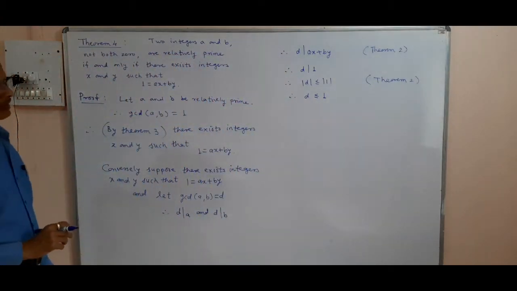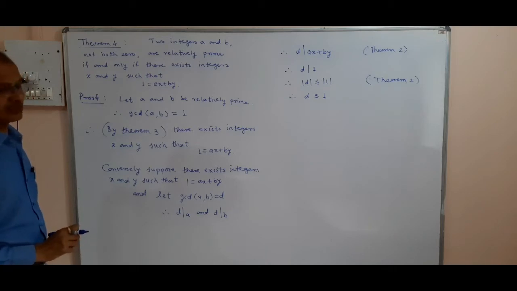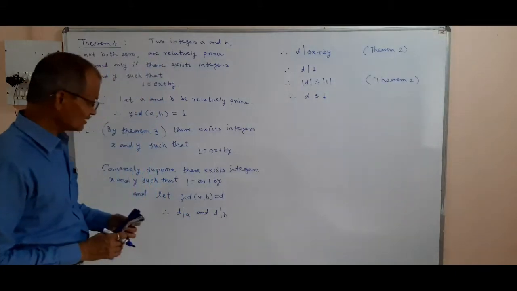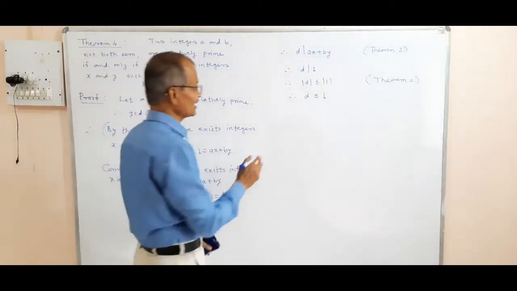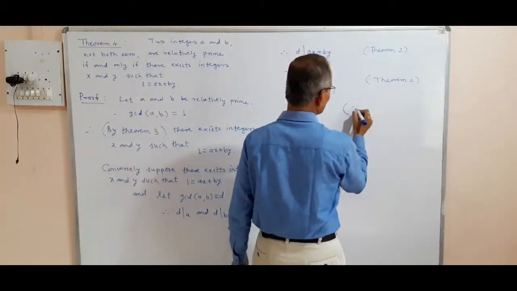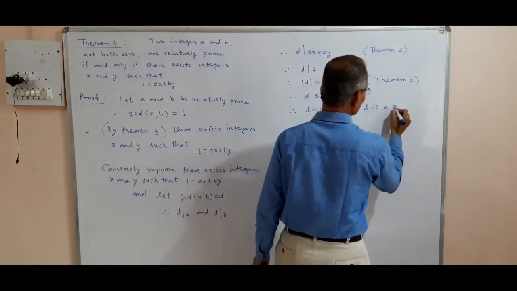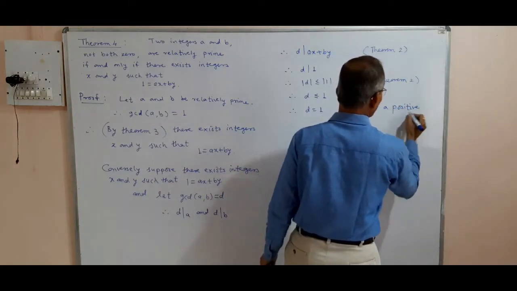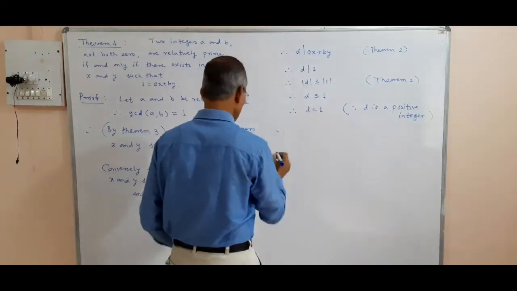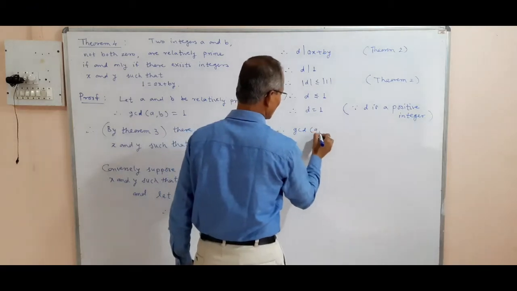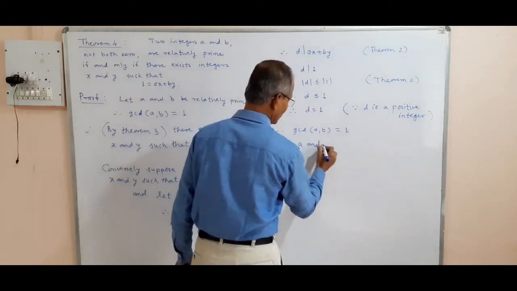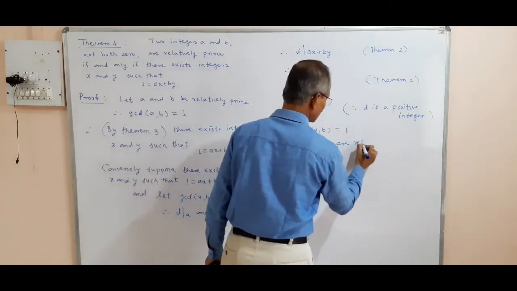But d cannot be less than 1, because if d is less than 1, it is an integer, it must be 0, and GCD is not considered to be 0. So therefore d is equal to 1, since d is a positive integer. And d equal to 1 means GCD of a and b is equal to 1, and therefore a and b are relatively prime. So this proves the theorem.